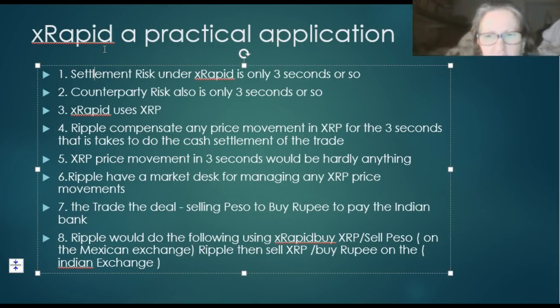Now, don't forget, under Basel and all those rules that government regulation put in place, banks have to put up capital against settlement risk and counterparty risk, which is another cost to the bank or to the client. So if you use SWIFT, not only do you have the cost of capital being used up because you have settlement risk and counterparty risk, you also have all the risk managers and middle office managing a foreign exchange transaction that hasn't settled for a minimum cash flow of 2 days.